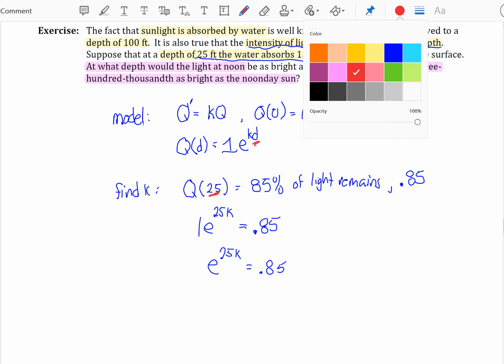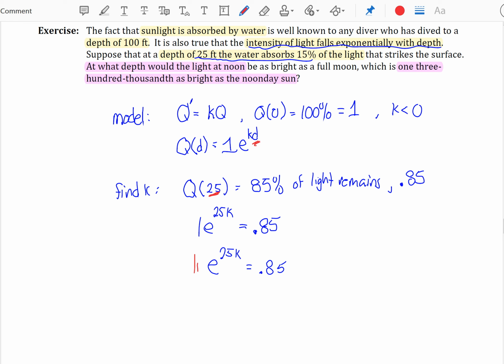And we'll choose to take the natural log again of each side, with the expectation that the natural log and the e being inverses will cancel. So we'll have 25k equals the natural log of 0.85, or k is equal to the natural log of 0.85 divided by 25.